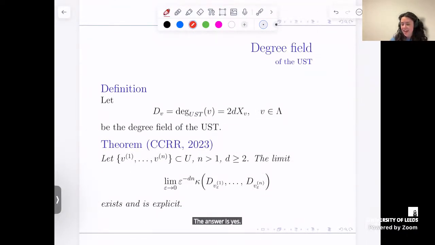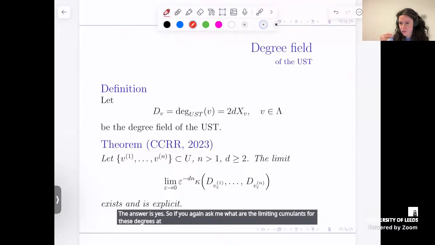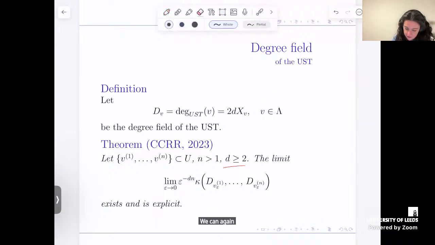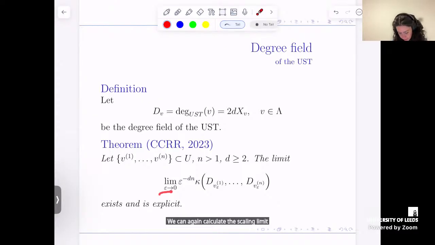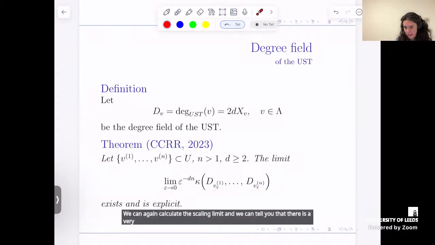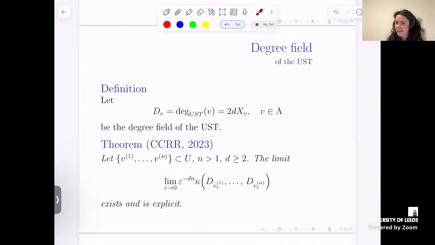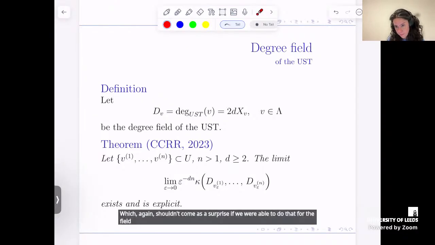So if you again ask me, what are the limiting cumulants for these degrees at different locations in U under the same rescaling procedure, we can again calculate the scaling limit, and we can tell you that there is a very precise limit for the cumulants with the same type of scaling factor, and this limit is very, very explicit, which again shouldn't come as a surprise if we were able to do that for the field x times y. So we were doing that for the degree.